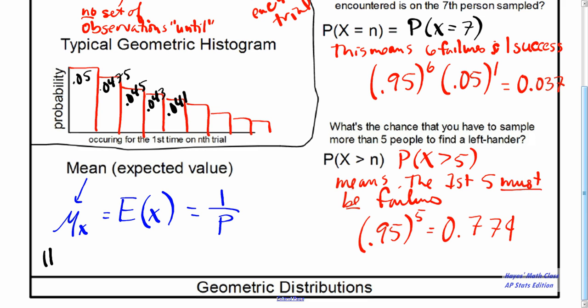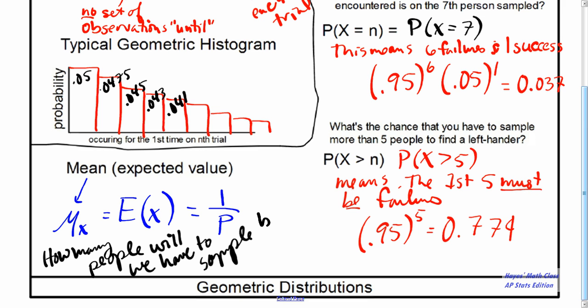How many will we have to sample before we find a left-hander?